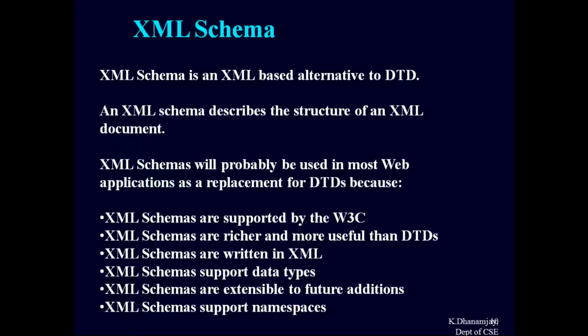Okay, and mainly why the replacement for DTDs, because XML schema is supported by W3C, World Wide Web Consortium, which is richer and more useful than DTDs. And XML schema is written in XML, and it supports different data types like integer, boolean, string and date, is extensible to future additions, and it supports namespaces also.